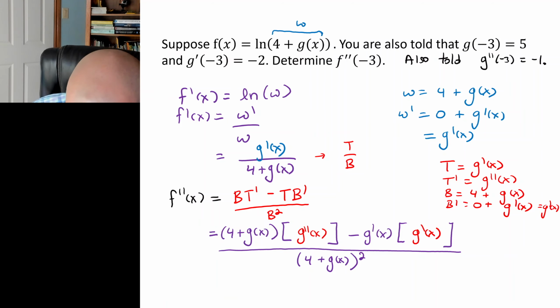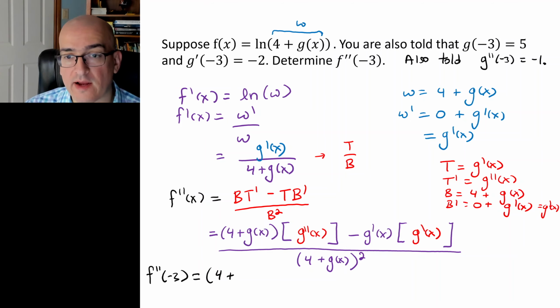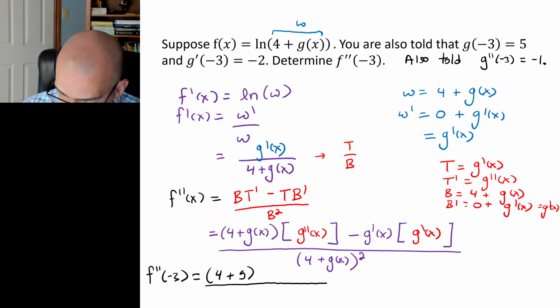Now we can plug in the data. We're going to get 4 plus g. I'm running out of space, so I'm just going to plug in what g at -3 is. G of -3 is 5, times g double prime at -3, which is -1, minus g prime at -3, which is -2, and then all divided by 4 plus g at -3, which is 5, all squared.